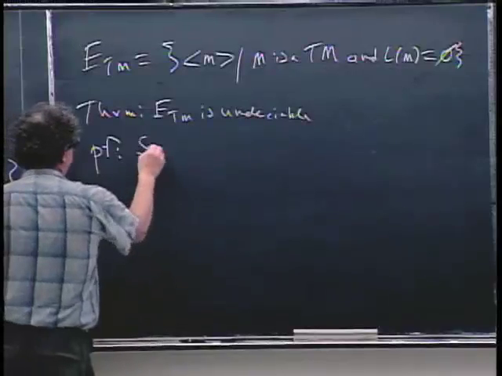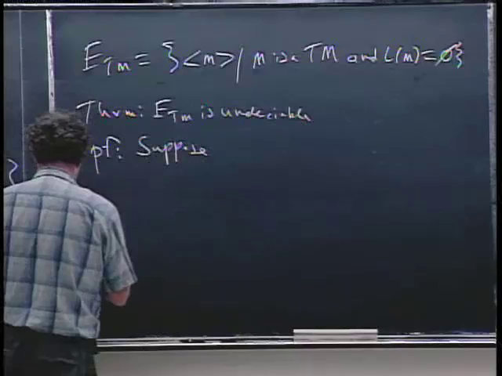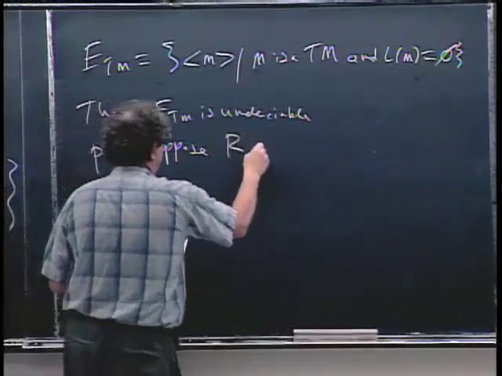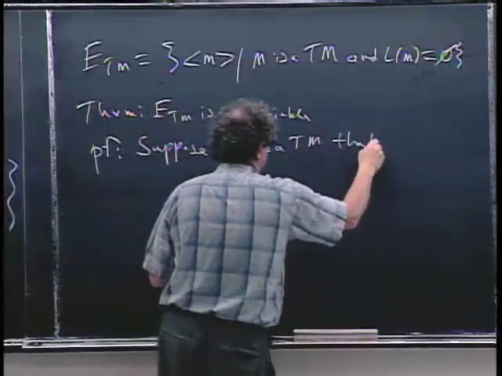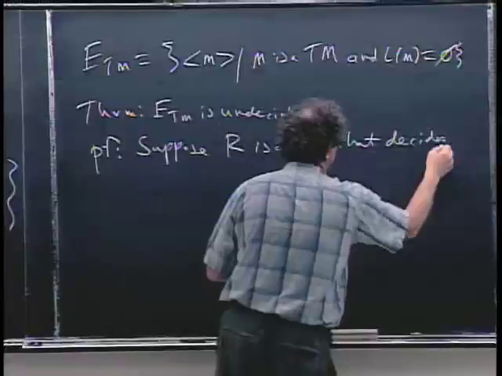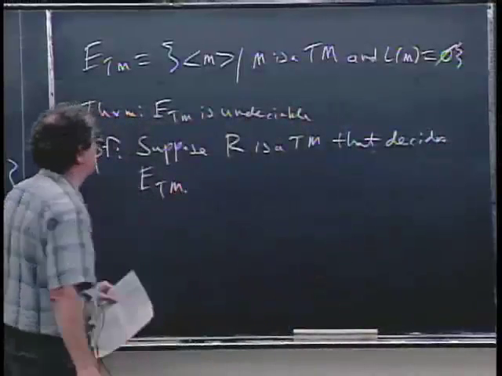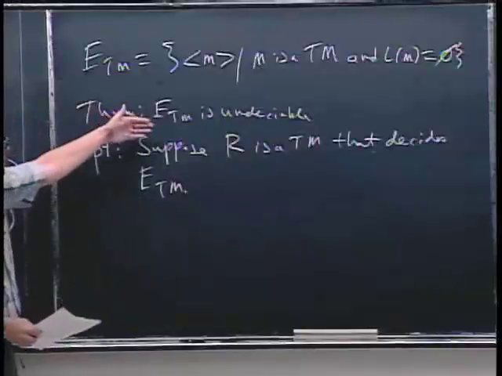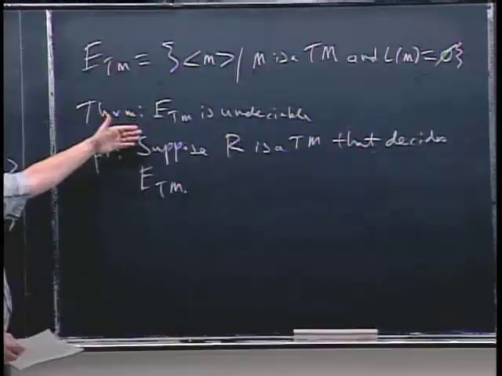Okay, suppose R is a Turing machine that decides ETM. So we're supposing that ETM is decidable, for contradiction purposes.